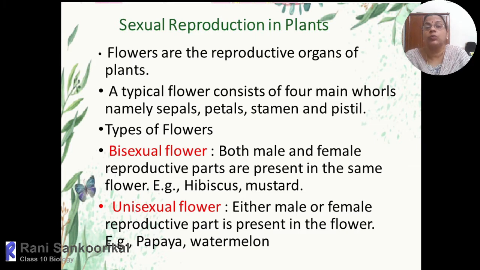The next whorl is the most attractive part of the flower, which is called the corolla. The corolla is made up of petals. It is so colorful because it acts as the attractive component of the flower. With the help of those bright colors, it can attract pollinators, insects, birds, etc. Petals, like the calyx, can be fused or free.